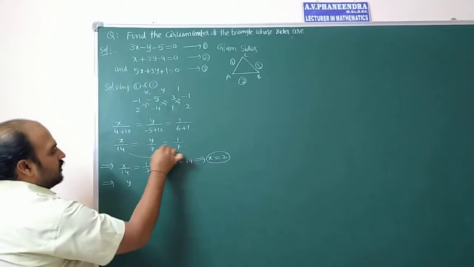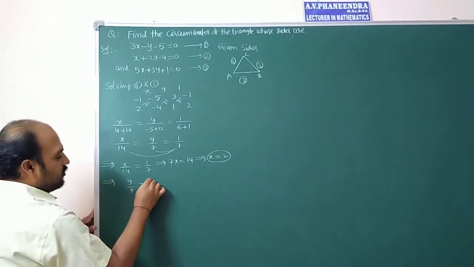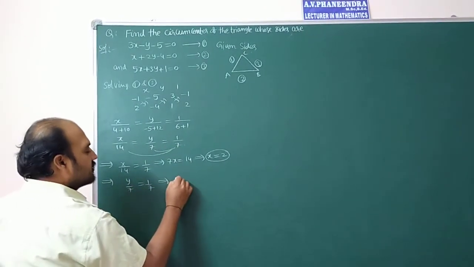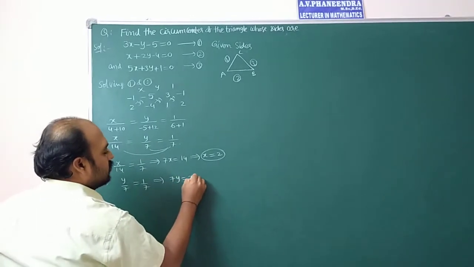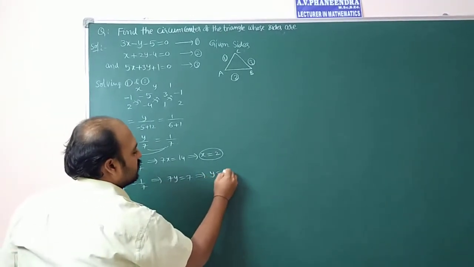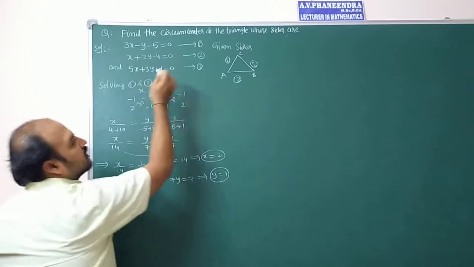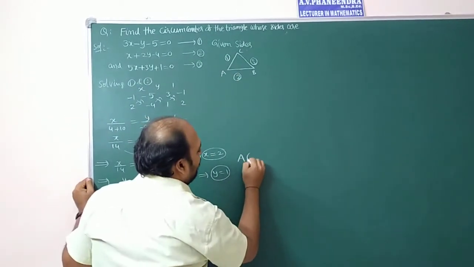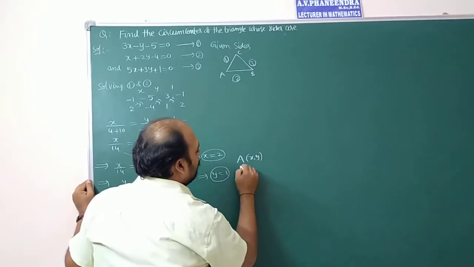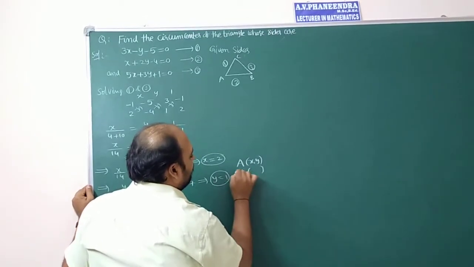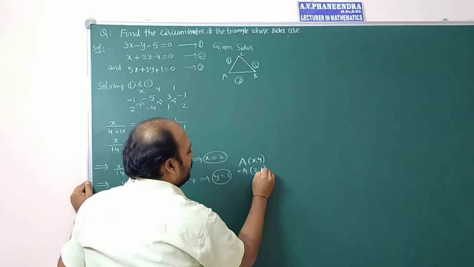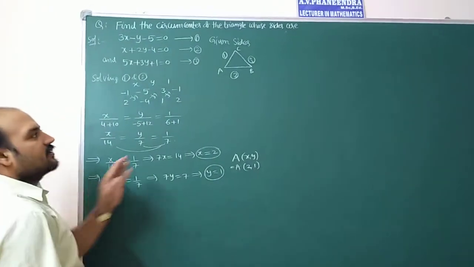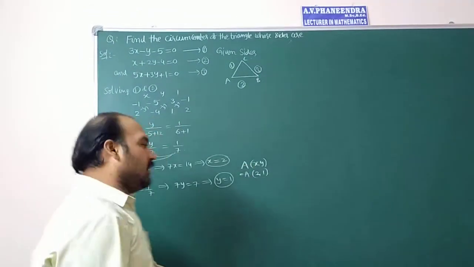Equating y, y by 7 is equal to 1 by 7, that implies 7y is equal to 7, that implies y is equal to 1. Solving 1 and 2 in the diagram represents a point, therefore A of x comma y is equal to A of 2 comma 1.